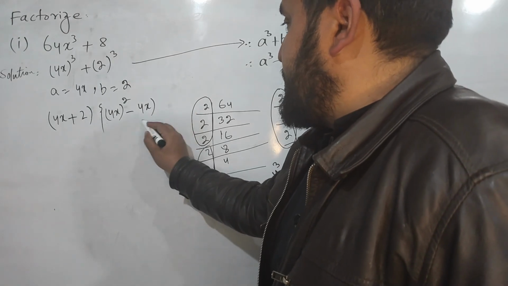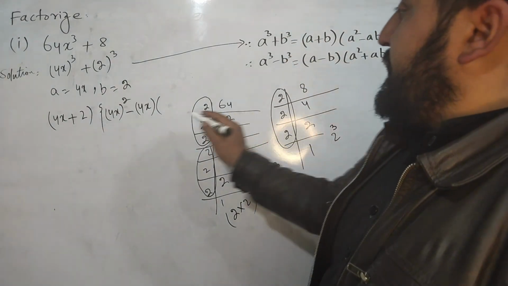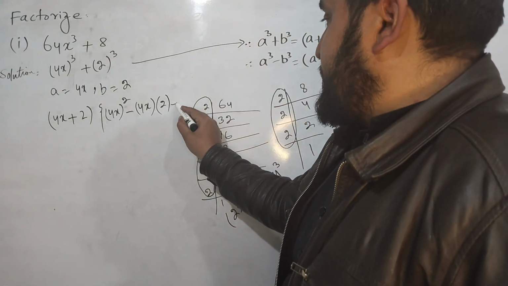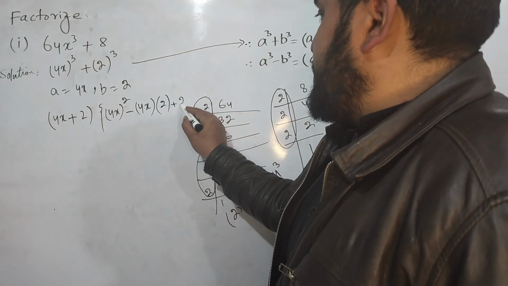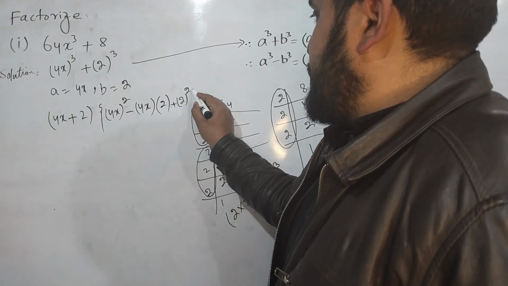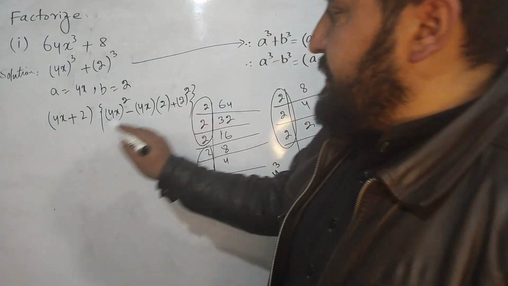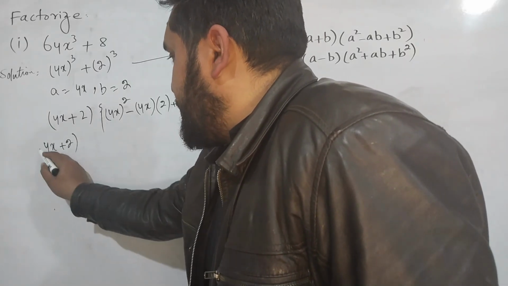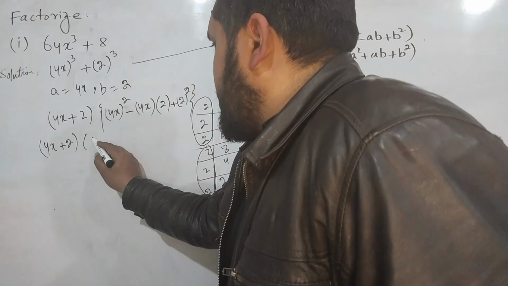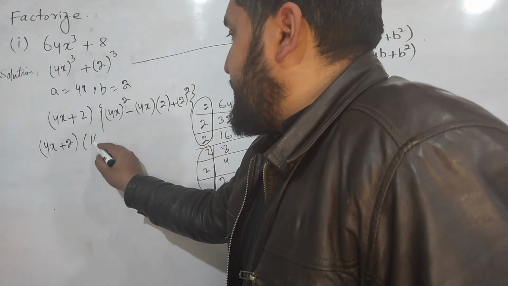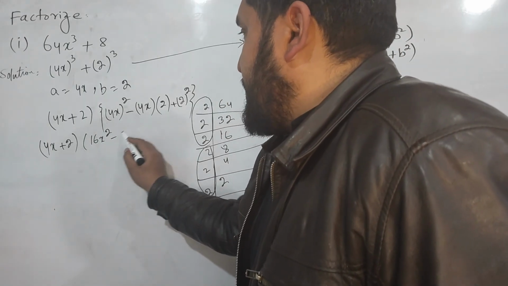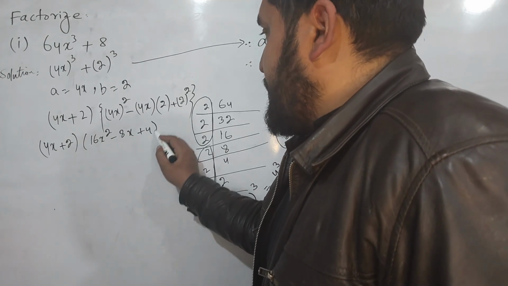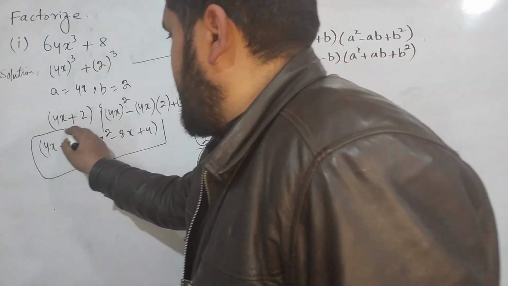Our a is 4x. What is our b? Our b is 2. And the last term, that is plus, what is our b? Our b is 2 square. Now we just simplify it. 4x plus 2 into 4 multiplied by 4, that is 16x square, minus 2 multiplied by 4, that is 8x, plus 4. So this is our final result.